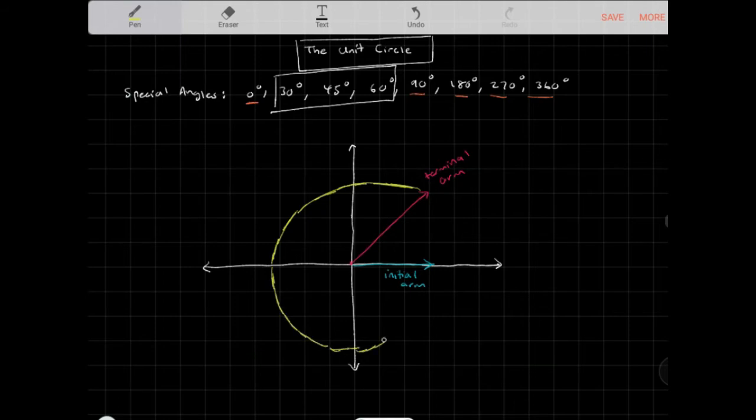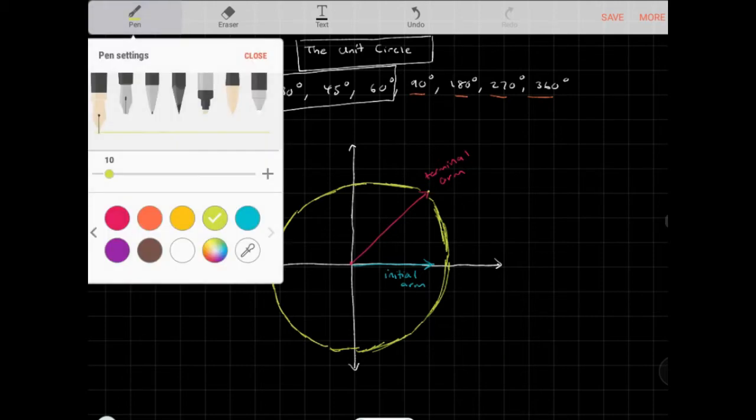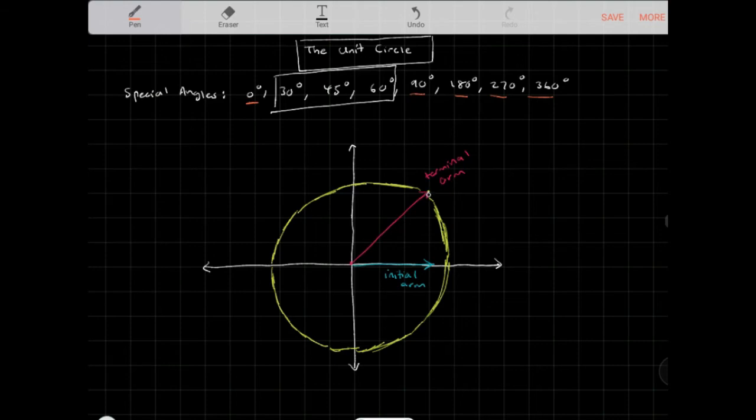Okay, so just don't mind my circle drawing abilities here, but assume that this is a circle, guys. So a full rotation of the initial arm to the terminal arm would give us a circle, right? We also stated earlier that we can look at the position of the terminal arm from the origin, from the vertex, which is (0, 0), as a point (x, y).